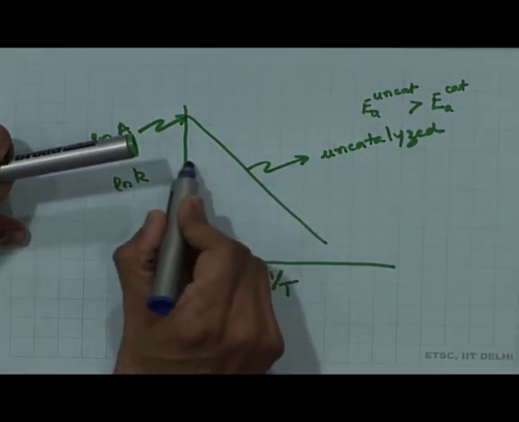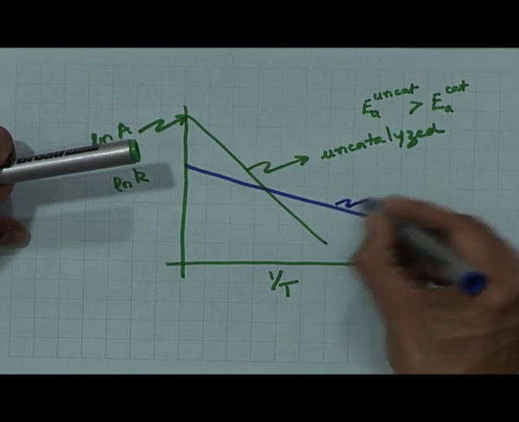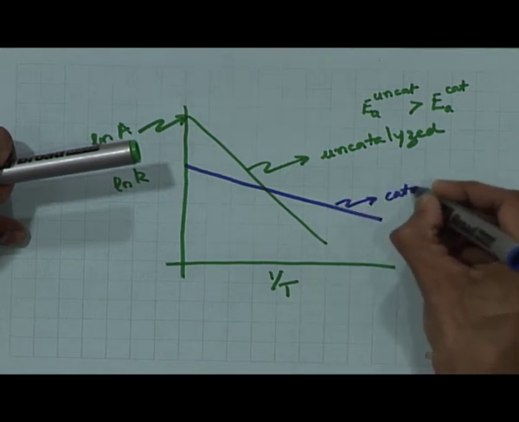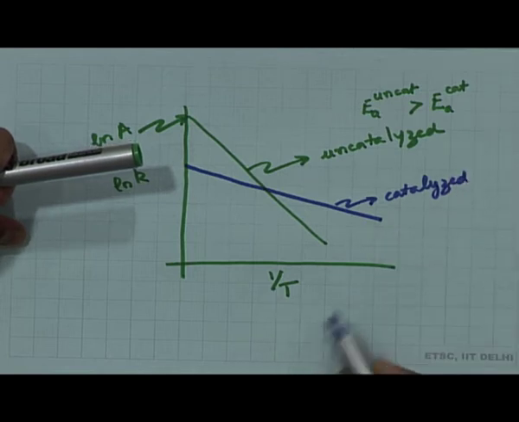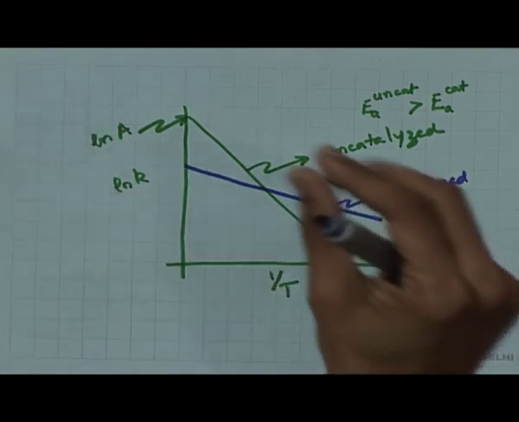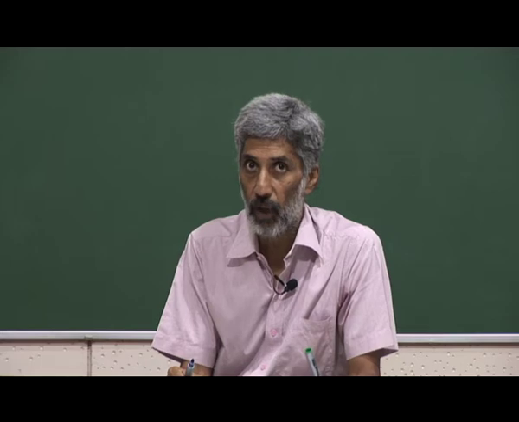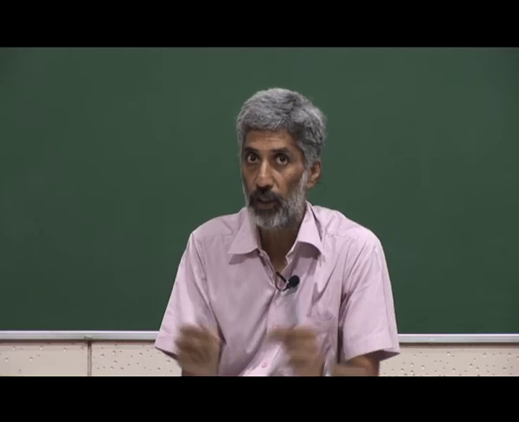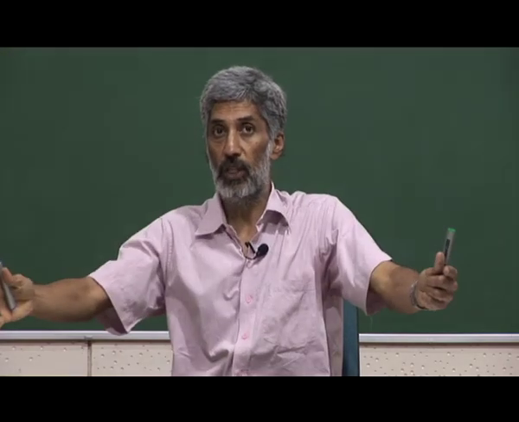So, if you looked at this, this happens to go like this, and this is the catalyzed reaction. Why do I represent this as smaller? Because now the two species are adsorbed on the surface, and once they are adsorbed on the surface, the number of collisions that you have is going to be lower than if you have in the gas phase.